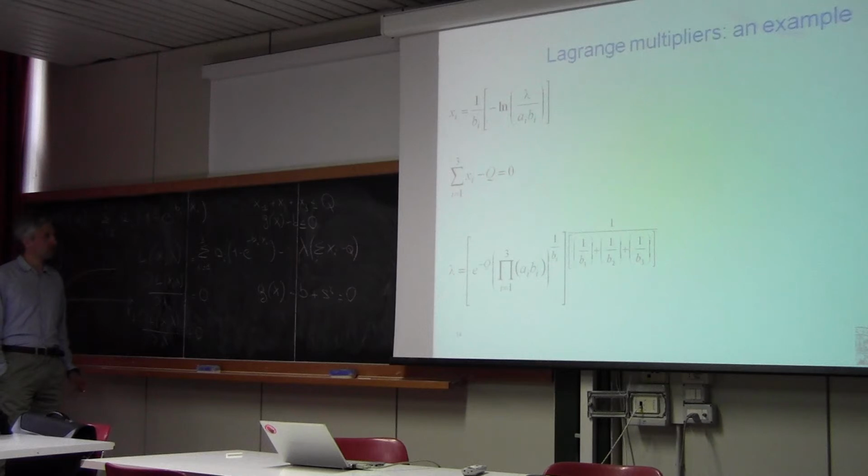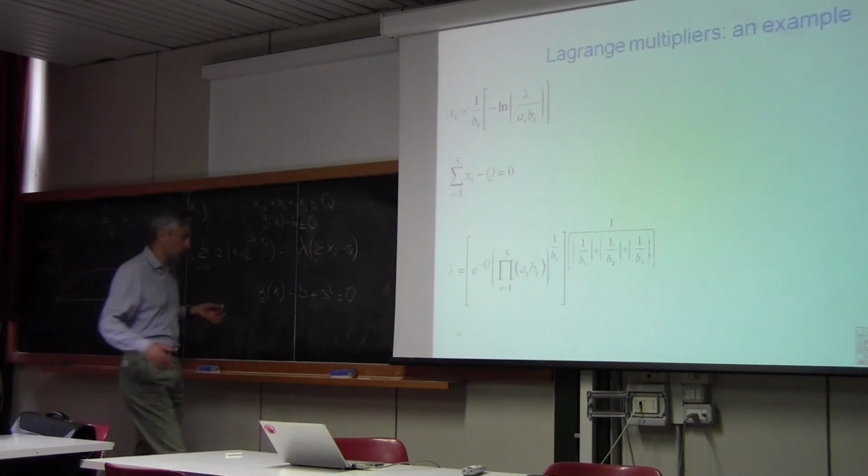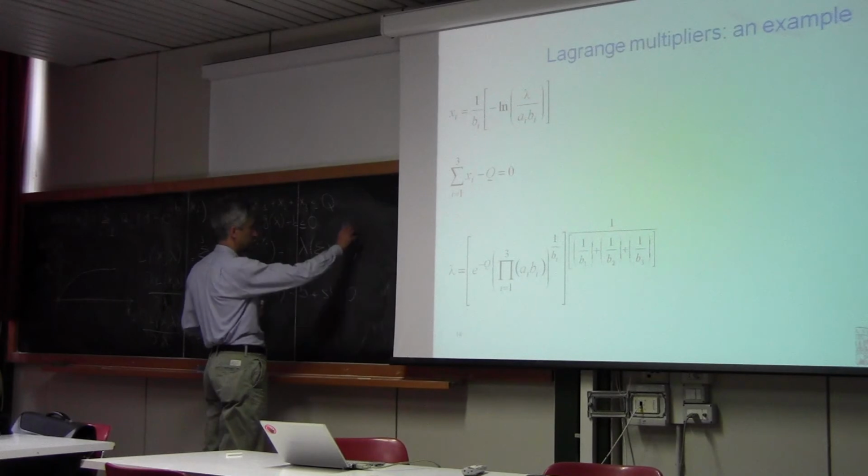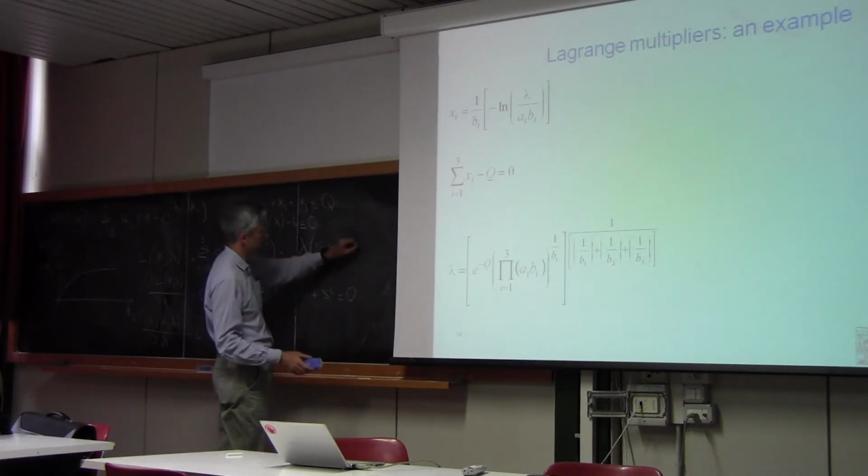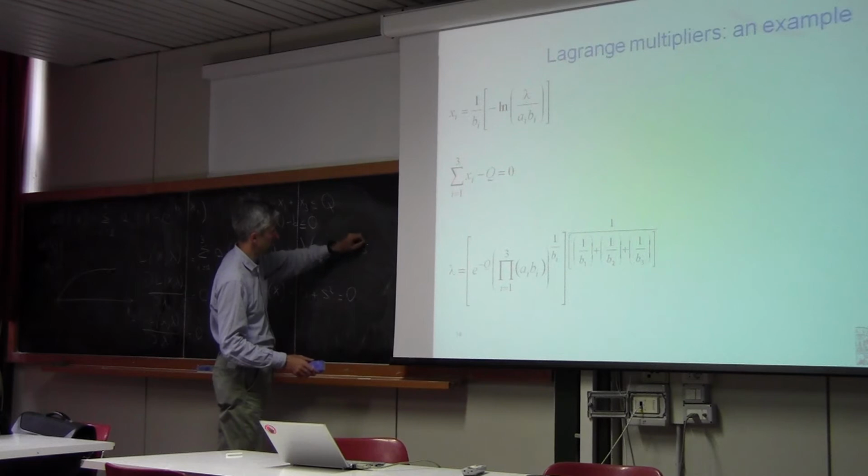Now, what does this mean? This means that the Lagrangian, and please allow me to modify the formulation that is already on the blackboard, is of course modified in this way, plus s squared.